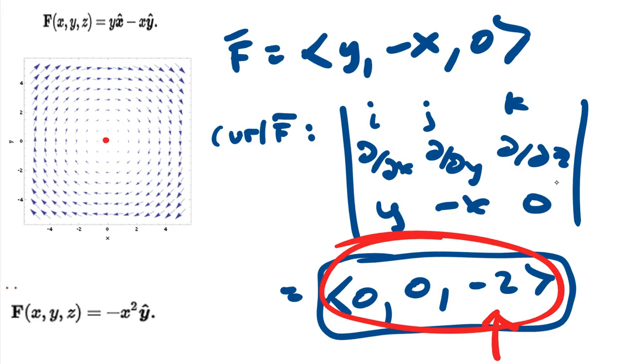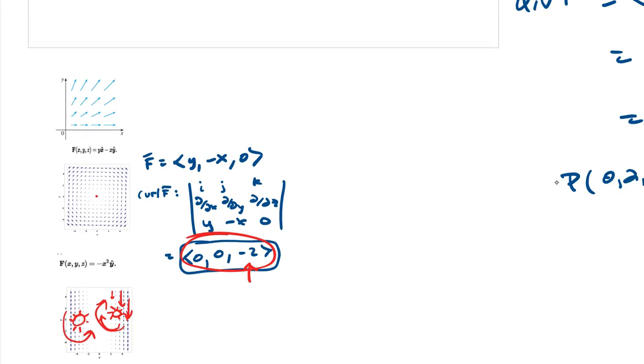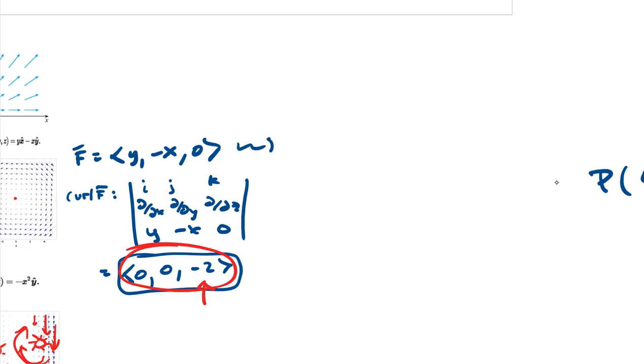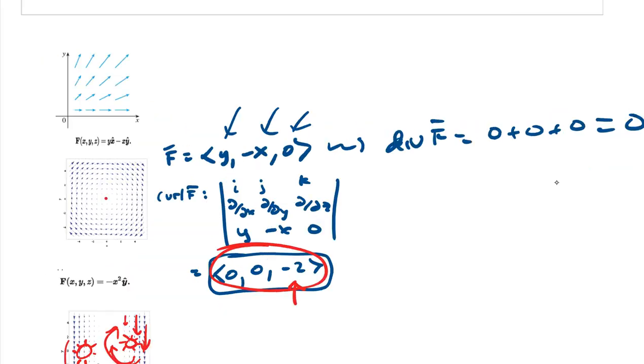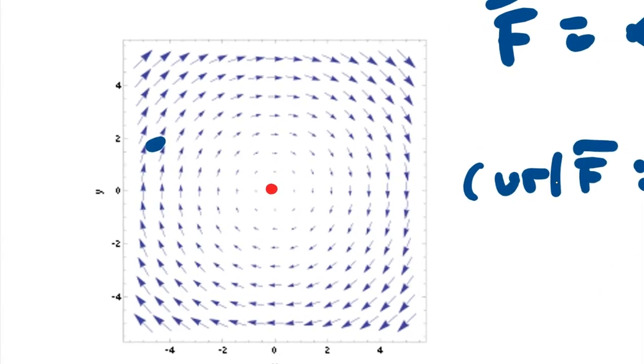Now let's look at the divergence of this. The divergence of f is the partial with respect to x here, so that's 0. Partial with respect to y, that's 0. Partial with respect to z, that's 0. So the divergence is 0. What this says is, at any point in the plane, the vectors going in are the same length as the vectors going out.